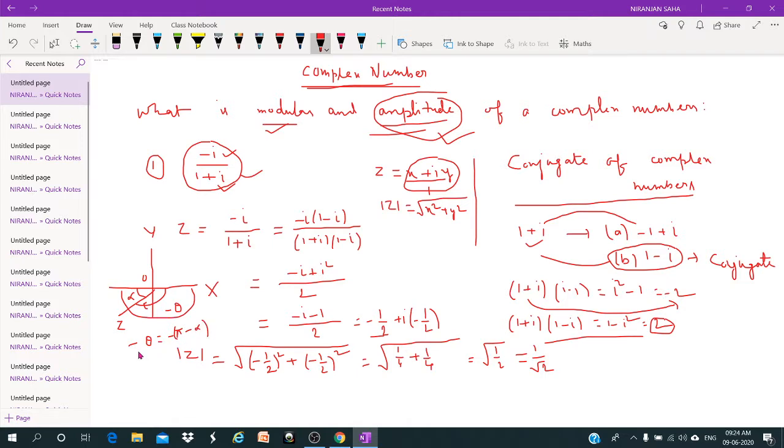The minus sign just shows that it is taken in the clockwise direction. And alpha can be very easily calculated: alpha is equal to tan inverse y by x, where this is y and this is x.